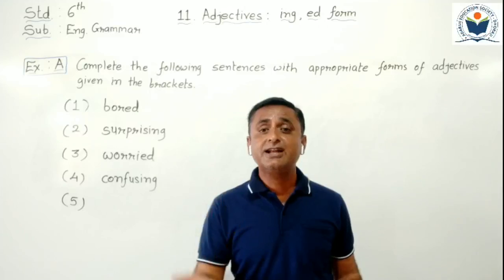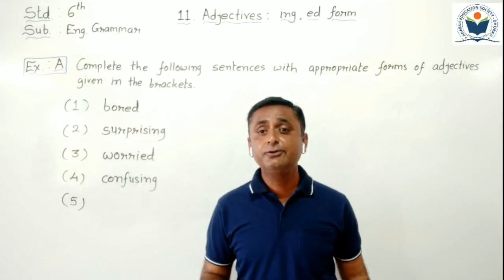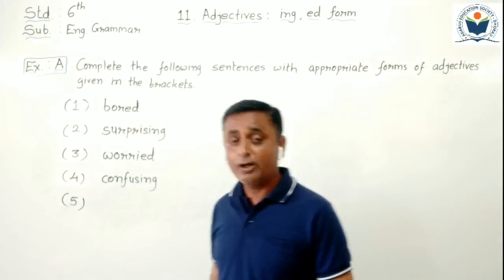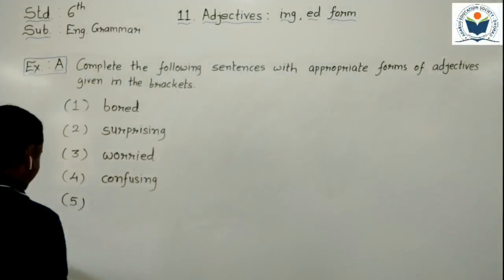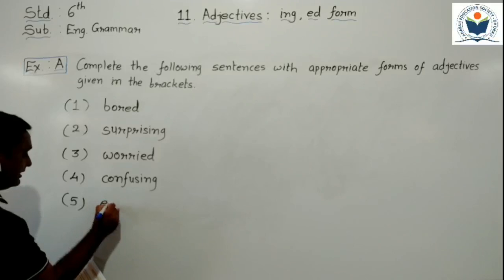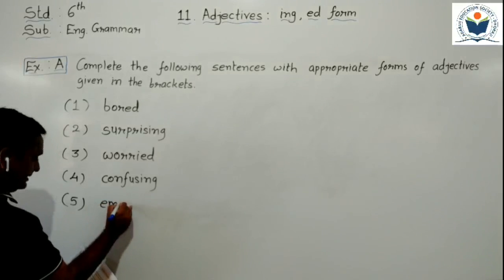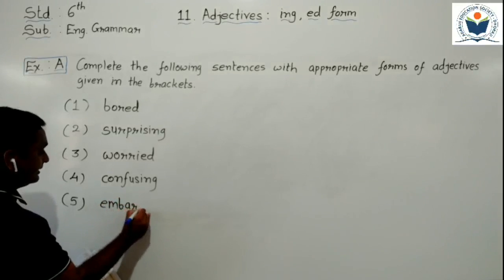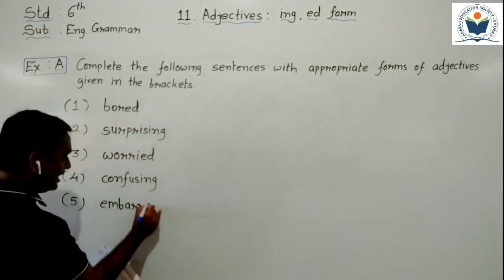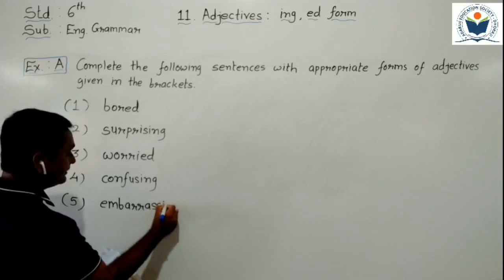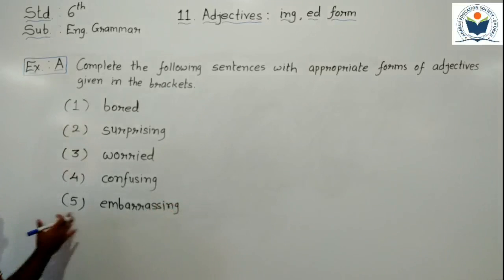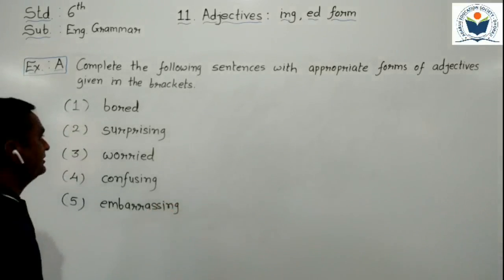Whenever we have to describe anything, what do we use? Yes, the ing form. So what do we put here? Embarrassing. So our fifth answer becomes embarrassing.